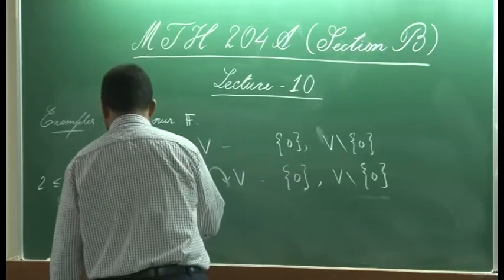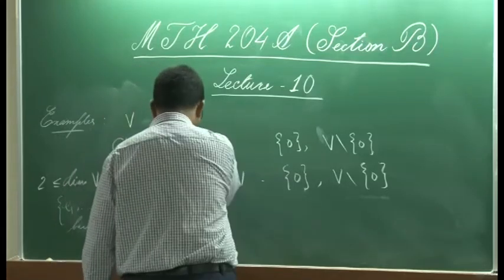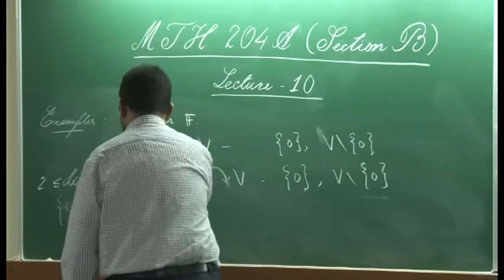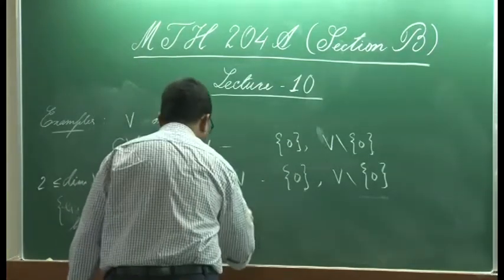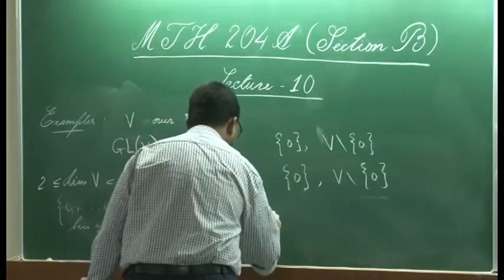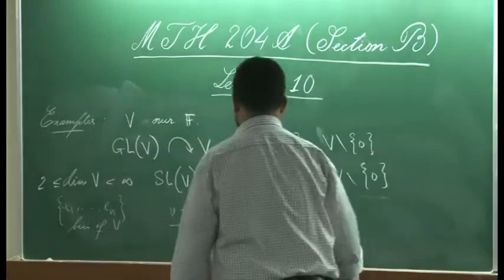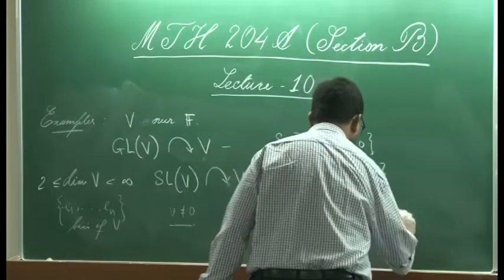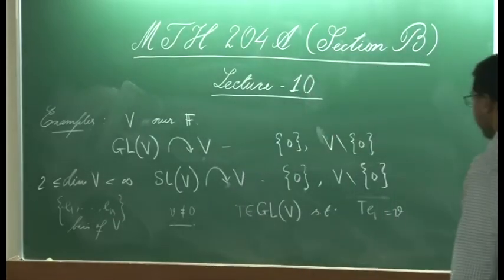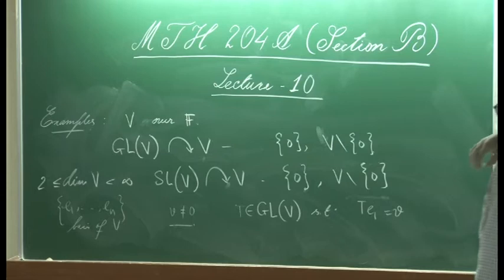So we know that there is a linear map T such that T e1 equals v.